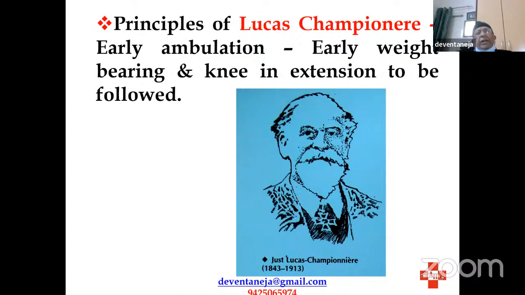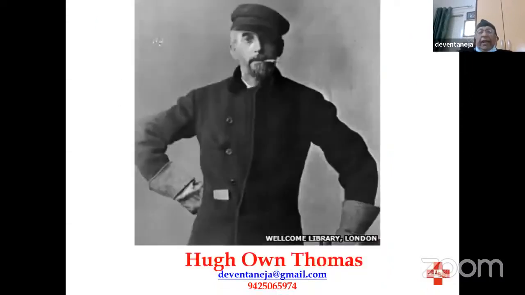Lucas-Championnière talked about early ambulation, early weight bearing, and knee in extension for walking purposes. And this was just the opposite of the thoughts of Hugh Owen Thomas, who always talked about enforced, uninterrupted, prolonged rest for treating the orthopedic condition, be it infection or a fracture.